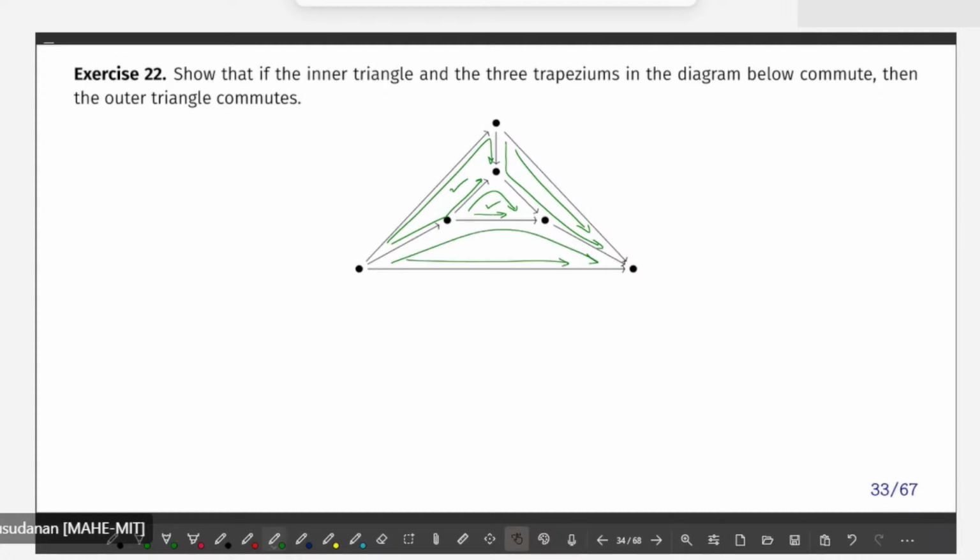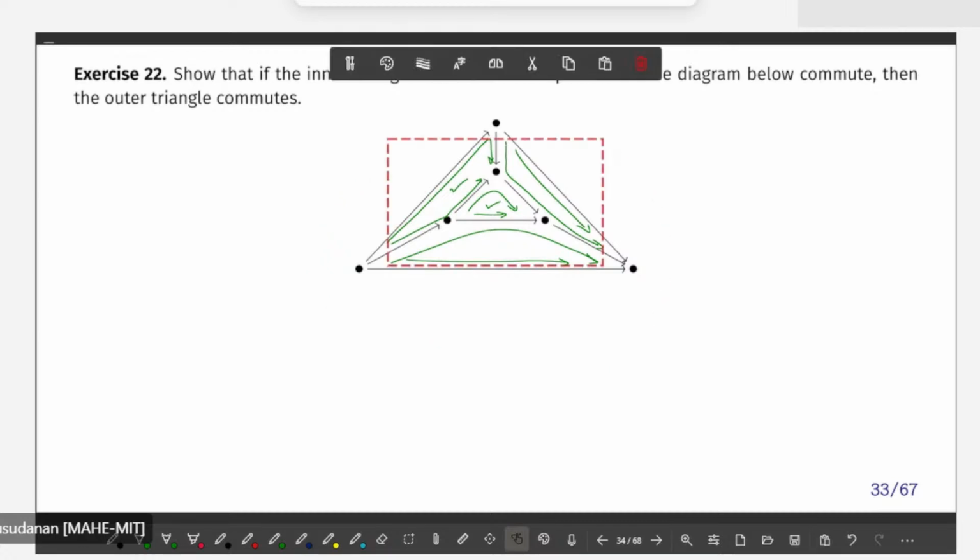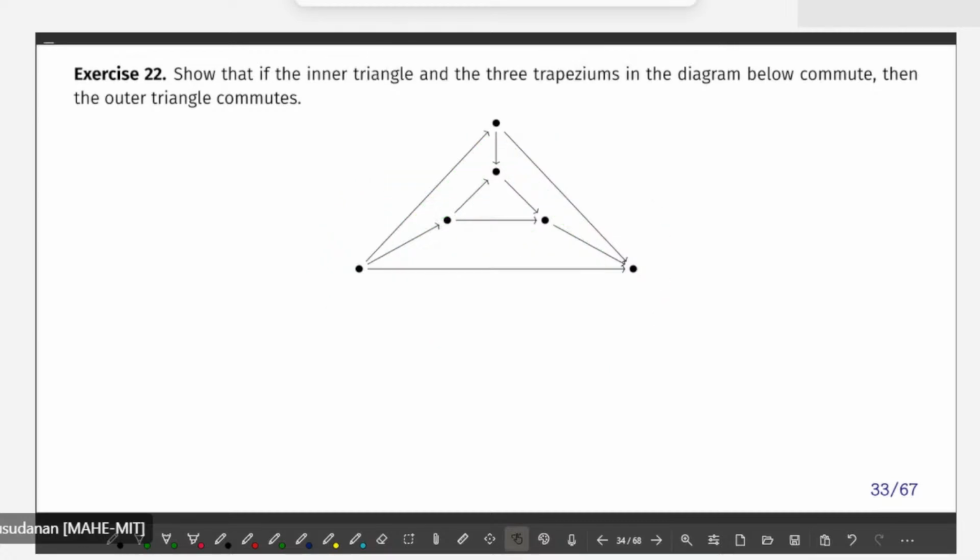Those are all given. I think it's clearer without. I just wanted to show you what I mean by trapeziums and outer square and all. So those are all given. I'll mark what you need to prove though. What you need to prove is this path equal to this path.